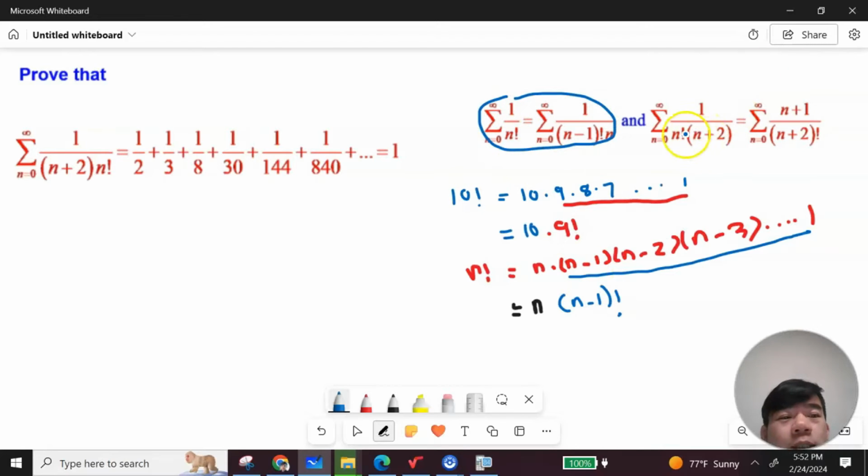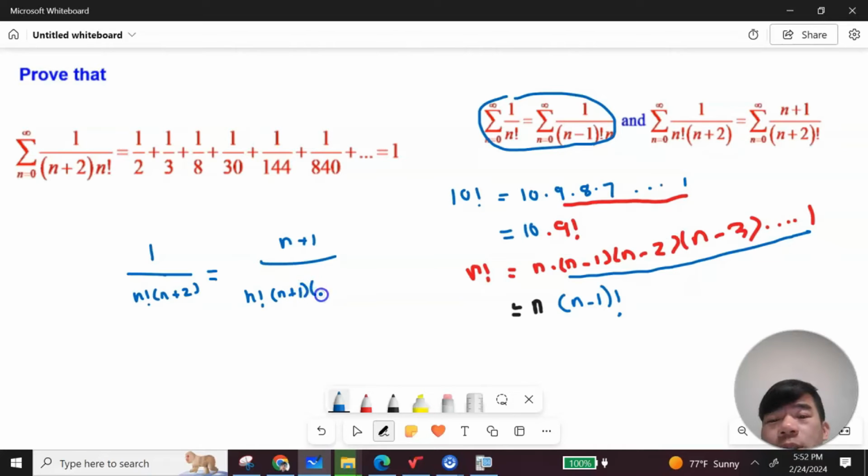Now look at this one right here. We have 1 over (n plus 2) times n factorial. We just multiply the top and bottom by n plus 1. The reason is that this is n factorial, and if I have n plus 1 and then n plus 2 right here, I can combine them. So the bottom should be n factorial times (n plus 1) times (n plus 2), and we use a similar process right here.